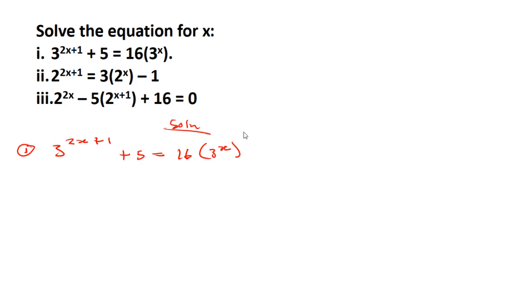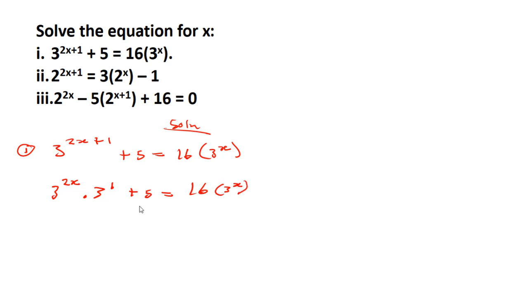Since there is that addition, this can be written as 3 to the power 2x dot, remember I'm using dot to represent multiplication, 3 to the power 1, and then plus 5, and should be equal to 16, and then 3 to the power x in brackets.